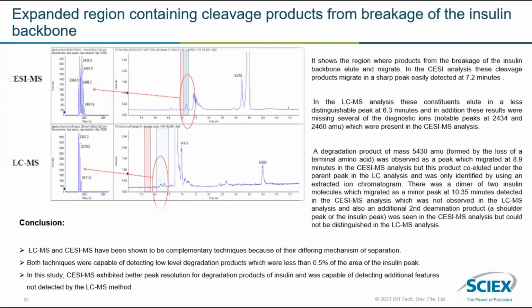So in this profile, you can see the expanded region containing the cleaved product from breakage of the insulin backbone. In CESI-MS, it shows the region where the products from the breakage of the insulin backbone migrate. And in the CESI, the major peak was eluted around 7.2.